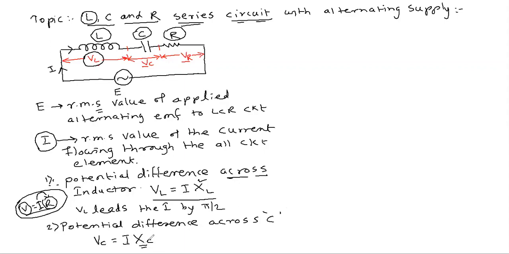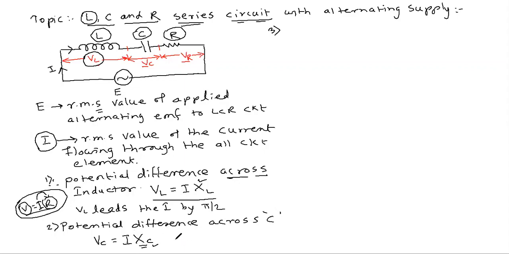XC is nothing but the capacitive reactance, the resistance offered by the capacitor when you apply the potential difference across it and the current I is flowing through that element. So VC is equal to I into XC. Now in capacitive reactance, the potential difference lags behind the current.